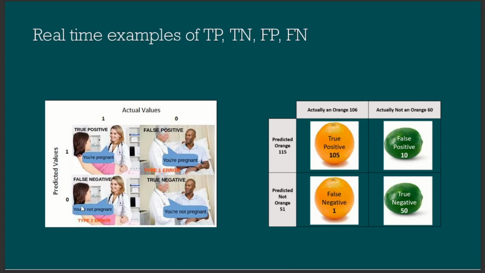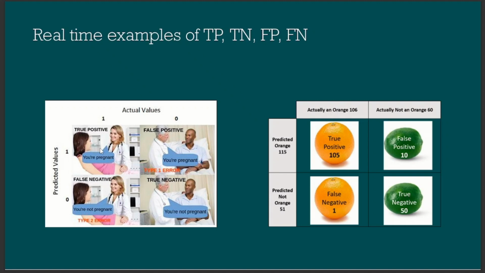Then I want to give you a real-time example. Let's see this case one where we have a doctor and a patient. Let me cover the true positives and true negatives first, which are on the diagonal in this matrix. Coming to the true positives, the model predicted the case as positive. It said that this lady is pregnant, so it said a positive thing, and it's also true.